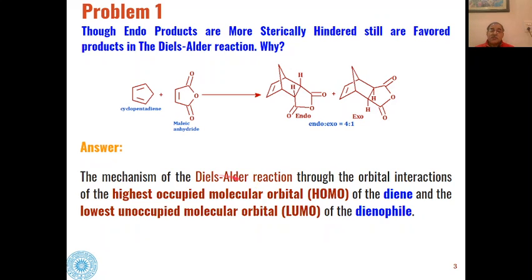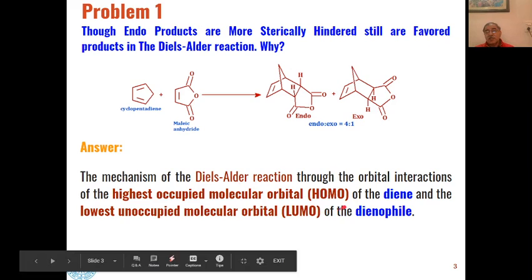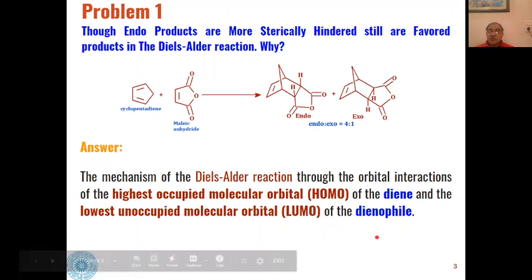The basic mechanism of this product formation lies in the orbital interactions of the HOMO, that is highest occupied molecular orbital of the diene, and the lowest unoccupied molecular orbital of the dienophile. So these HOMO-LUMO interactions are basically responsible for the formation of endo or exo products.